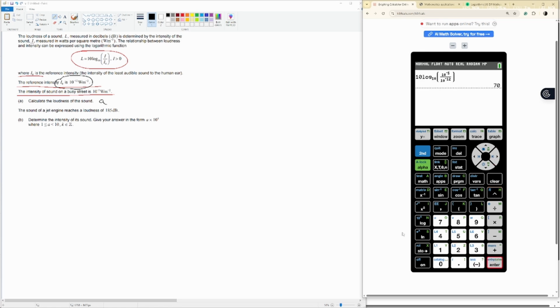And we can conclude that the loudness of the sound is 70 for A. In this case it's in decibels. It's important to write them down as well.